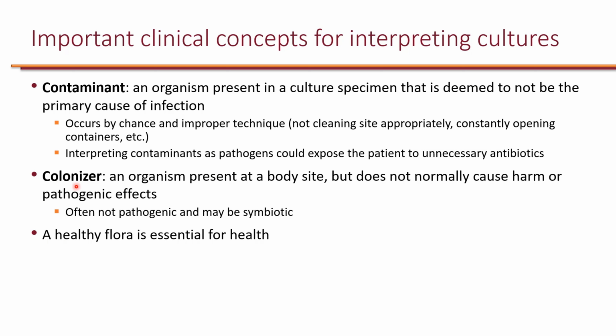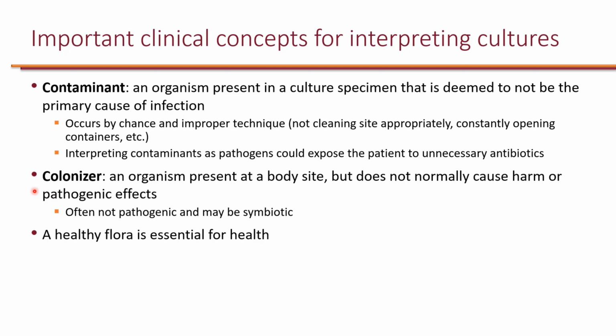And then the colonizer is, if you detect something in your sample and it's not a contaminant, it means it came from the source of the specimen, but perhaps it was not causing an infection. So a colonizer is essentially part of the flora, or if they didn't normally reside in the site as flora, they colonized it and it's not causing any problems. So that would be a colonizer.